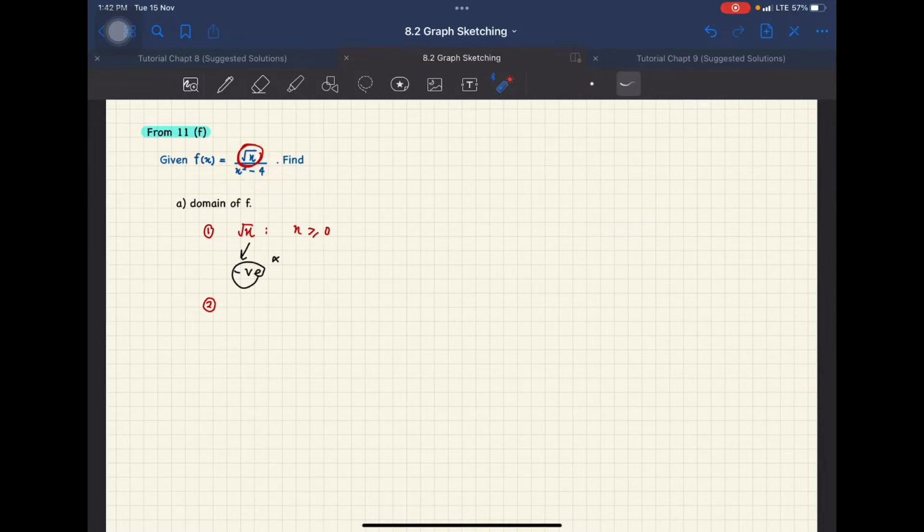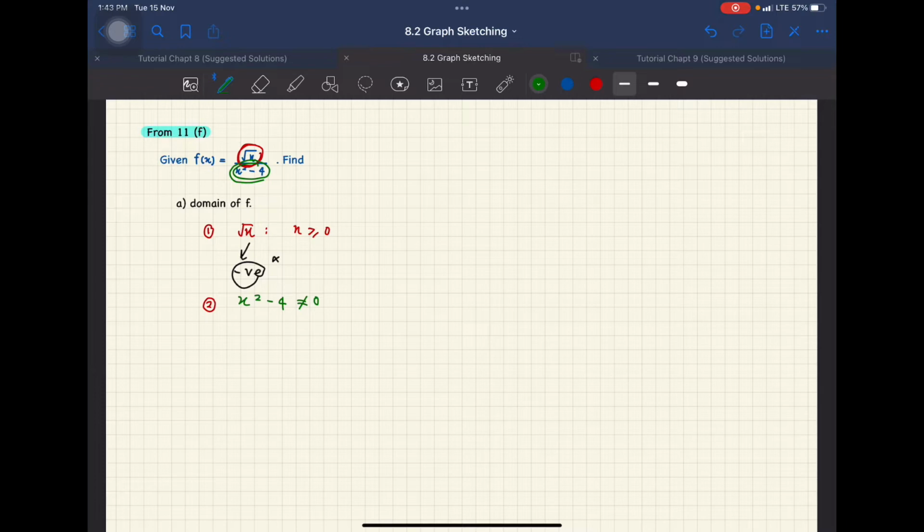Saya dah settle bahagian yang square root tadi. Now we know that a reciprocal function, the denominator over here, dia tak boleh sama dengan kosong. We know that the denominator cannot be equal to 0. So our denominator is X square minus 4. So I will take X square minus 4 not equal to 0. Sebab bawah tak boleh sama dengan kosong.